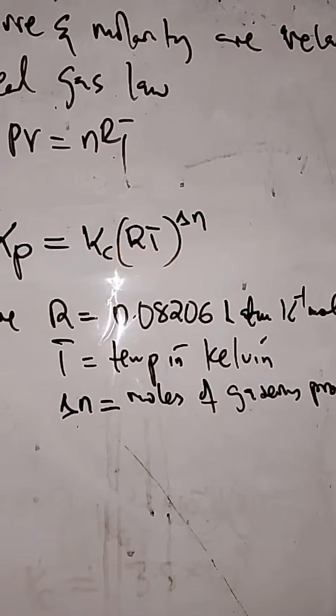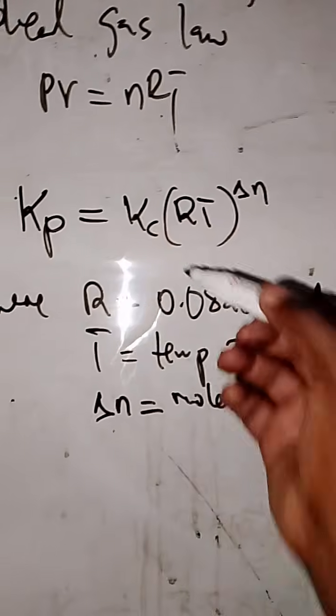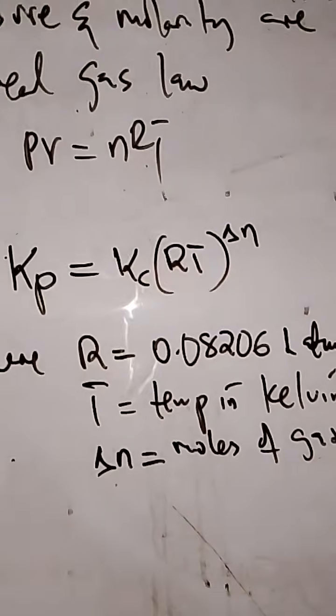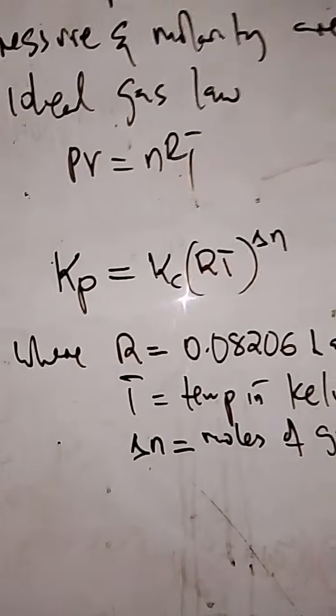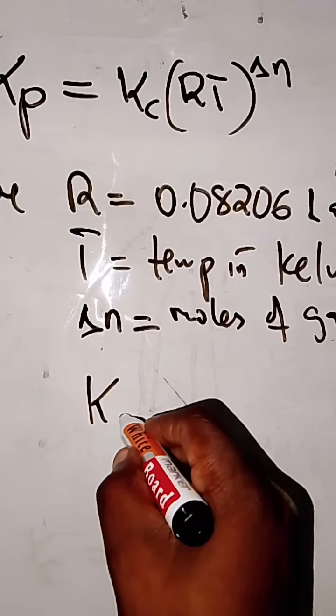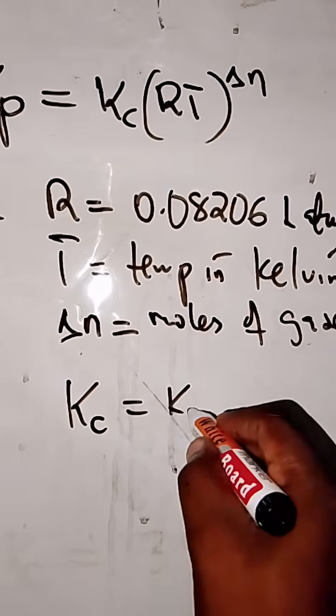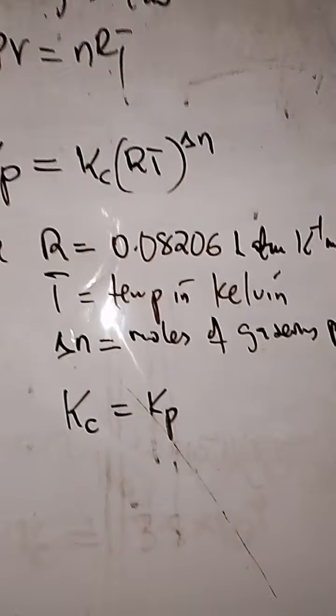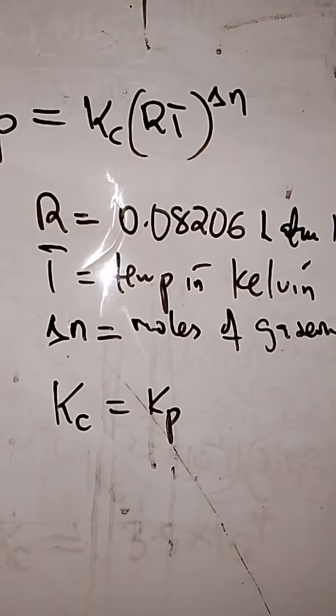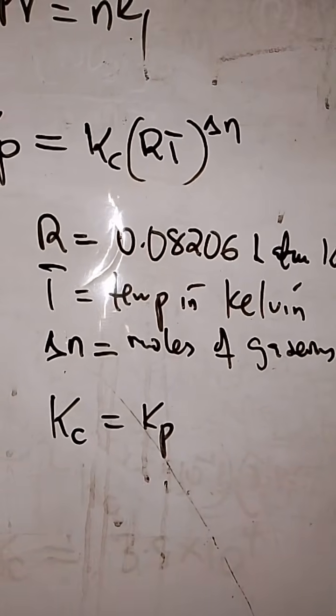Now we can have a situation whereby Kc is equal to Kp. When does this occur?